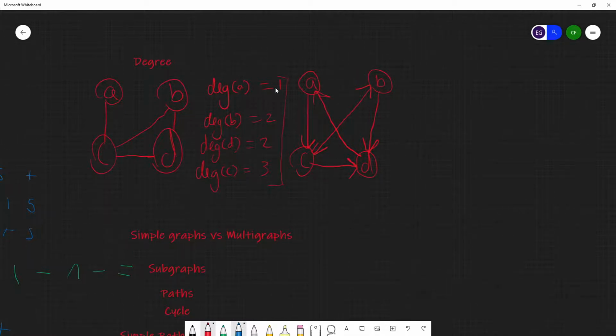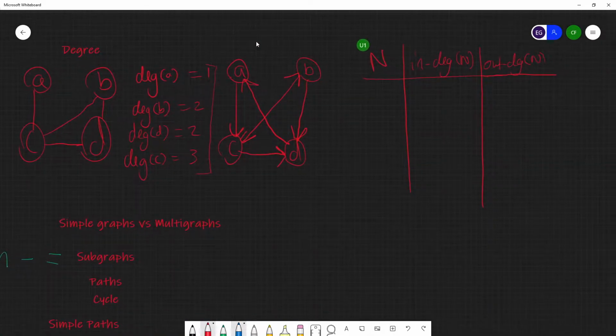So we've got our nodes here, and let's create a little table here. We've got in degree of n, and out degree of n.